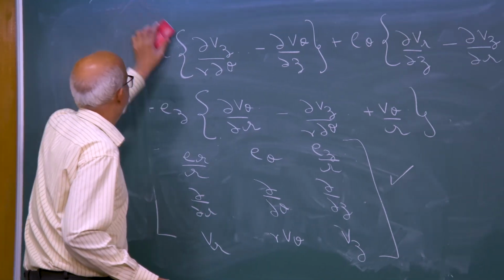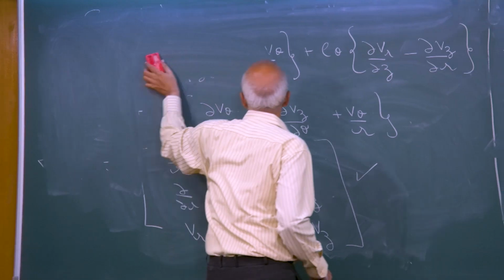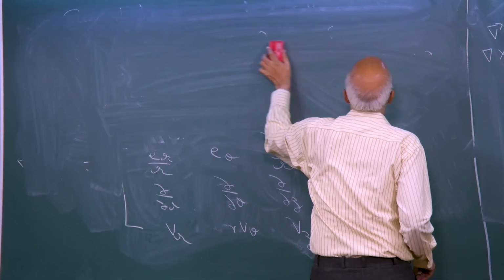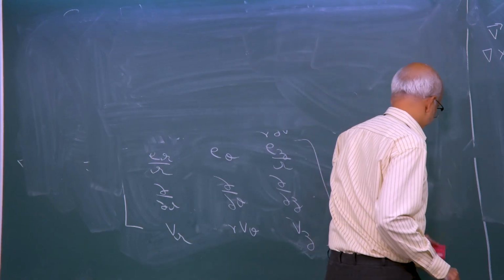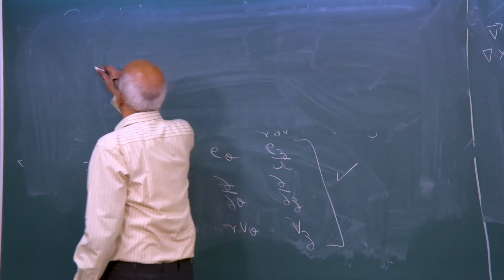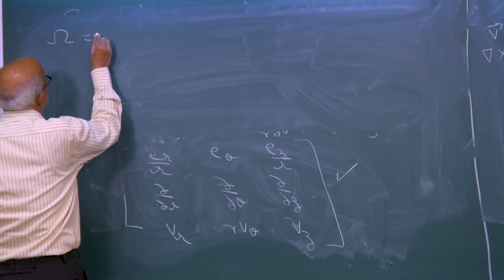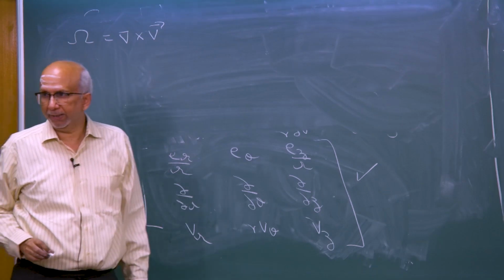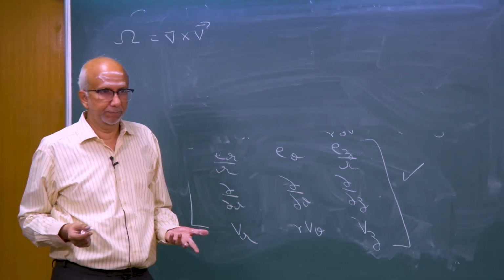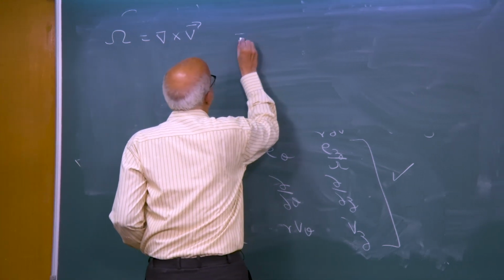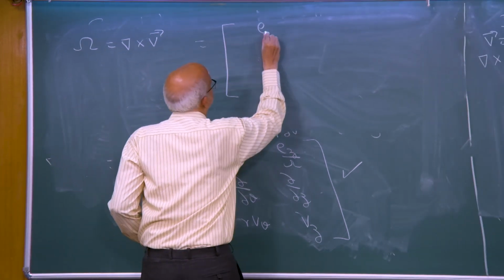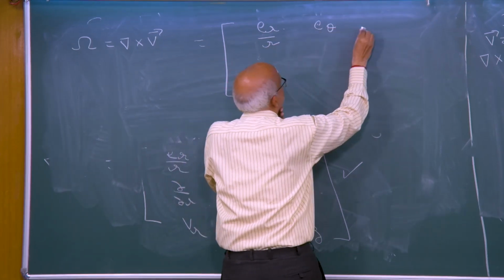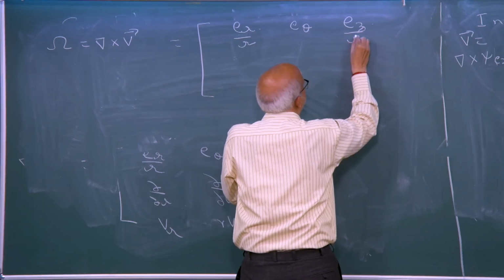Now I want to find out omega. Let me be careful. Omega is defined as curl of V, correct? That is the definition of vorticity. I am going to write this again in matrix form: er by r, e theta, ez by r.